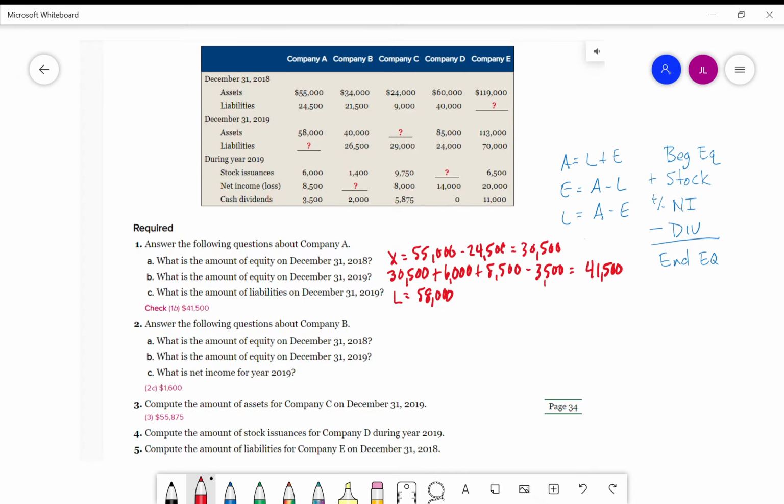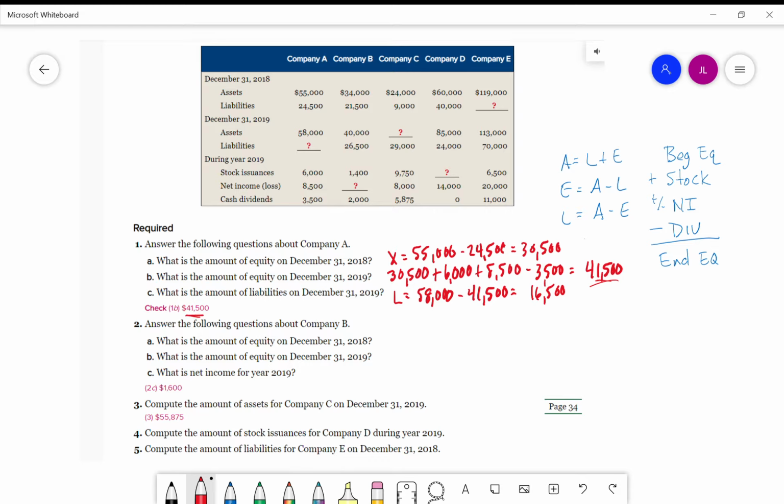Our equity is not given, but we've calculated it here, so minus 41,500. That means we have liabilities on December 31st, 2019 of $16,500. And they give you a little thing here you can check. That's nice of them.